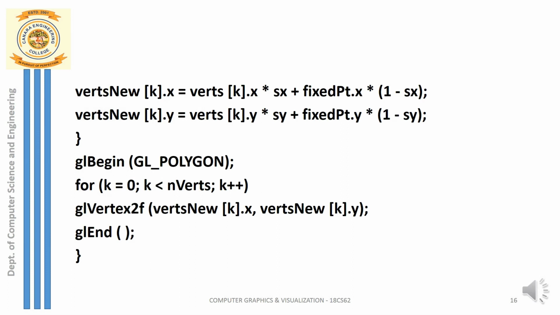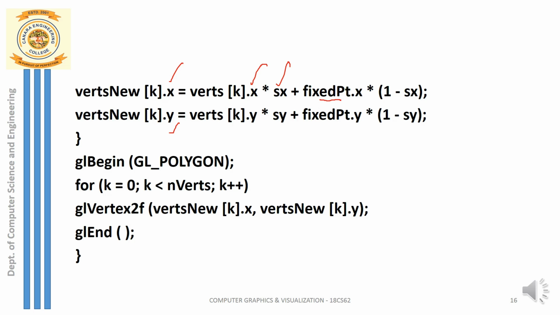Remember, I am scaling along x and also I am scaling along y. So both the x coordinate and y coordinate I have to compute. So how do you perform scaling? The old x coordinate should be multiplied with the scaling component along the x axis, plus I am now taking the fixed point. So what is that fixed point about which I am scaling?